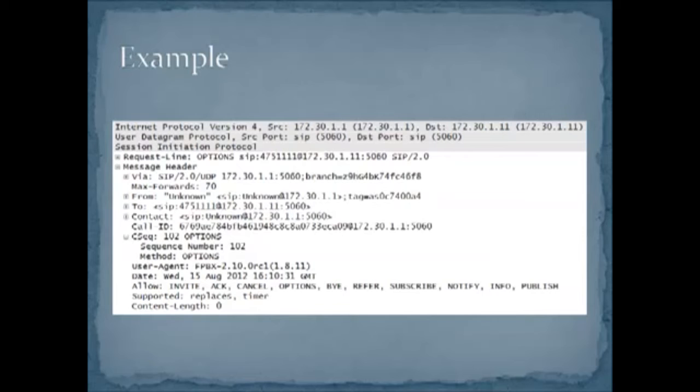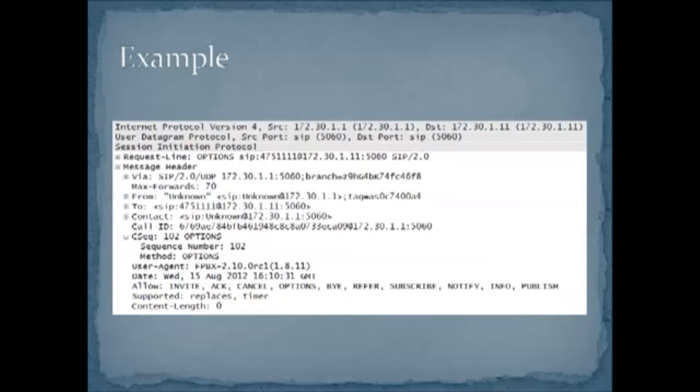And here's an example of a SIP message. Here we see the header expanded, and this one in particular is called an options message. Now, if you look all the way down at the bottom of this, you'll see the allowed. These are all the methods that this particular endpoint or server is willing to support, and this one happens to be that options message.